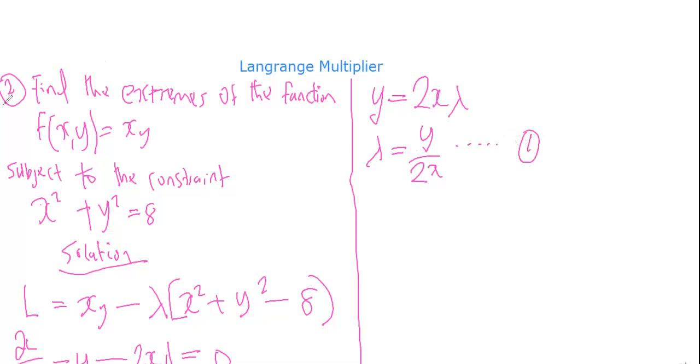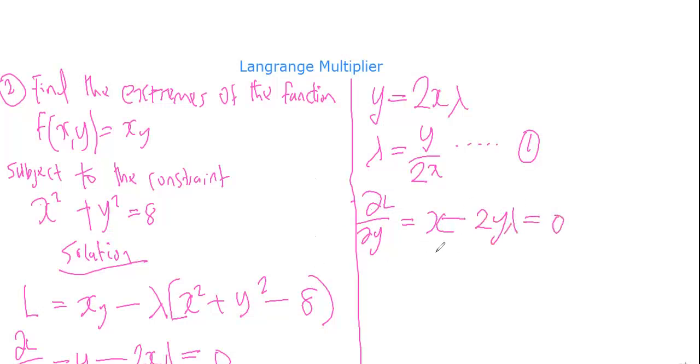The second step is to differentiate L with respect to y. And when we do that, we are going to get x minus 2y lambda, right, equal to 0.